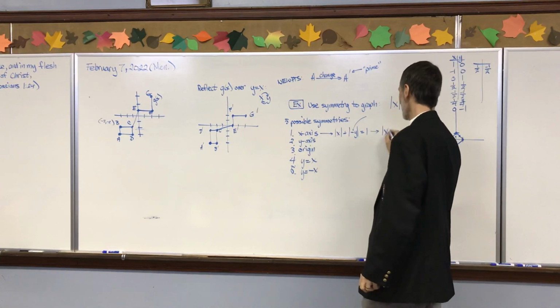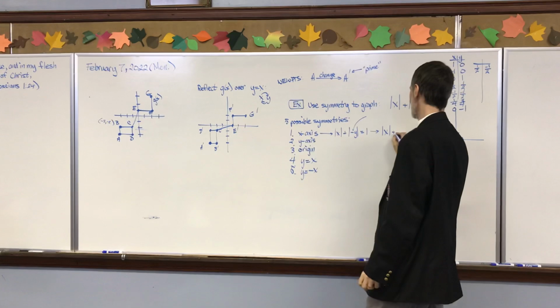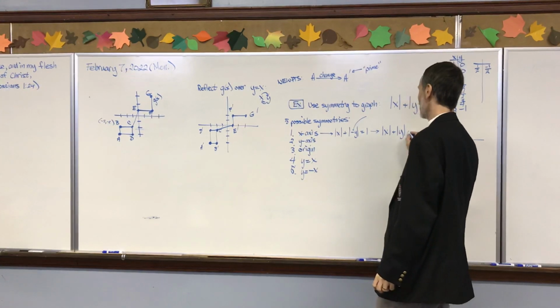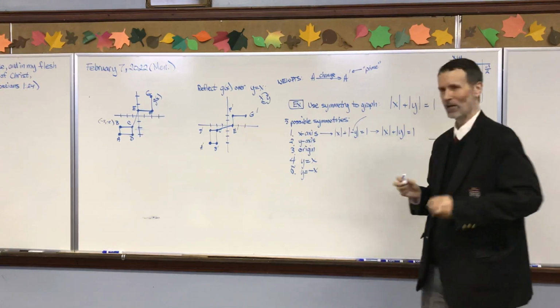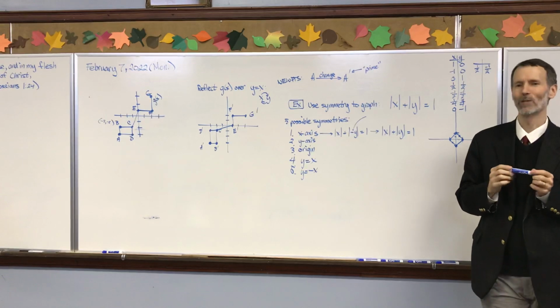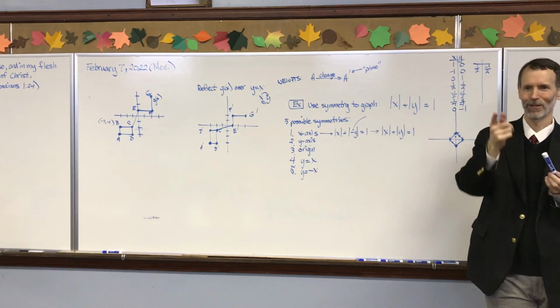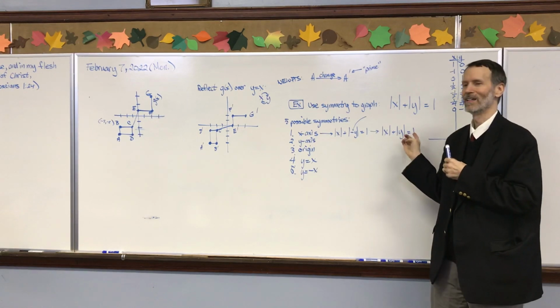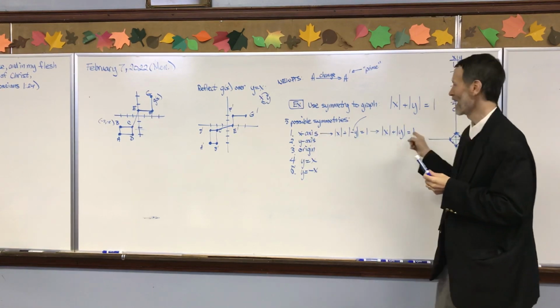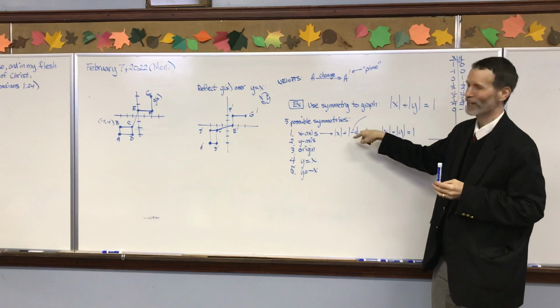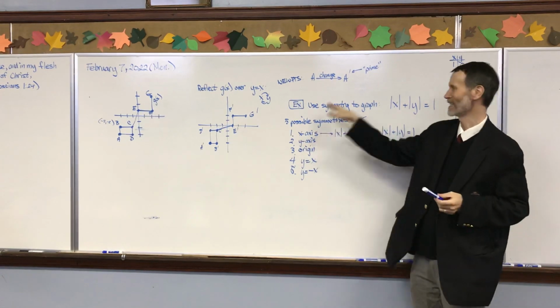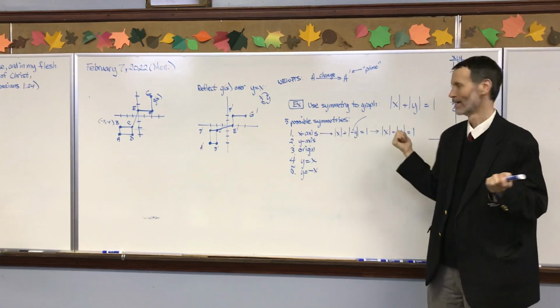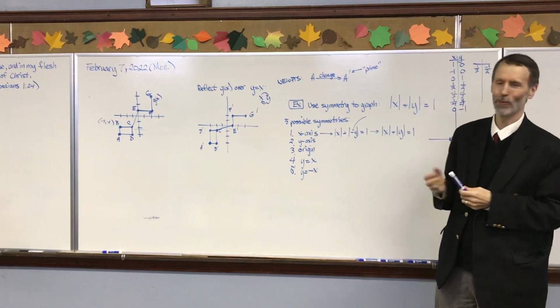So it's the absolute value of x, that didn't change, plus the absolute value of regular y. Compare that to the original formula. It's the same. Is it symmetric? Yes. This is the mathematical proof. Plug it in and see if it simplifies to the exact same thing. It did. The y-axis, by the way, will work.